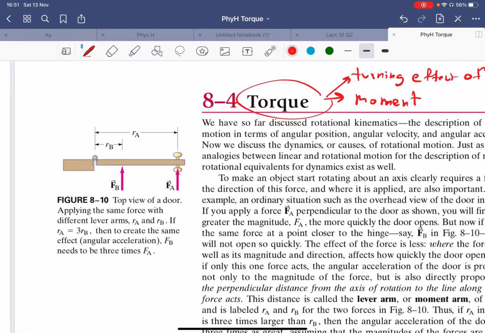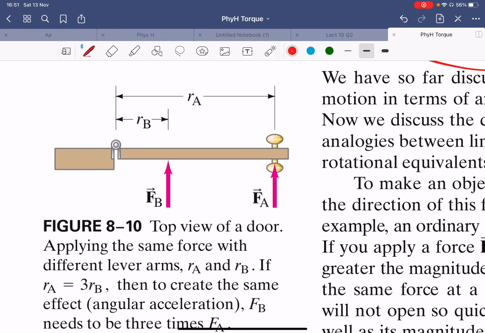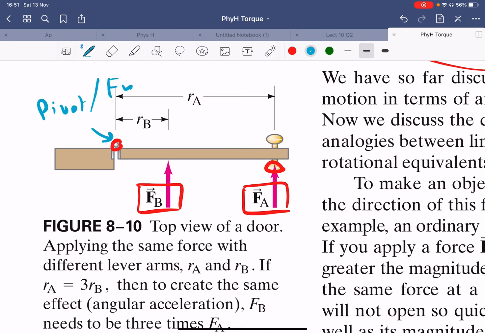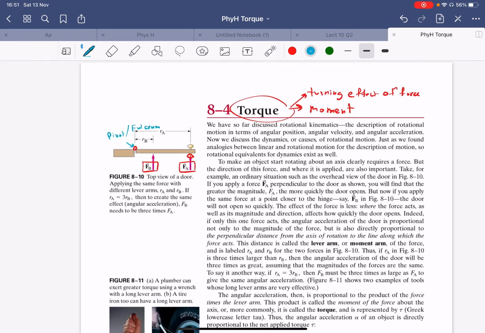See here, this is your door and you're opening it from here, right? If you apply the force Fa, you apply less force compared to Fb. So what do we call this point? This point is called the pivot, the turning point, or the fulcrum. Keep that in mind.